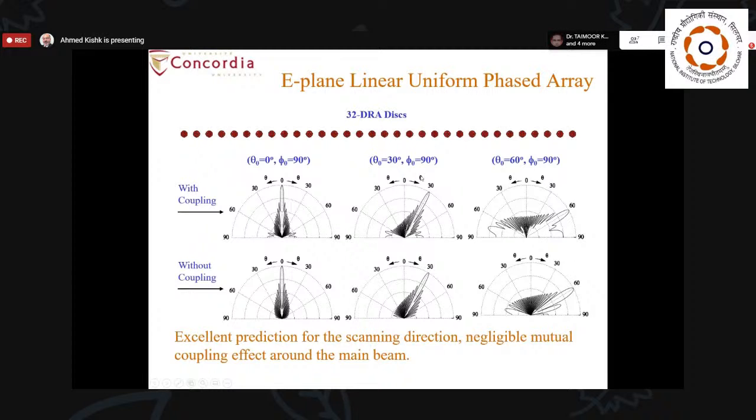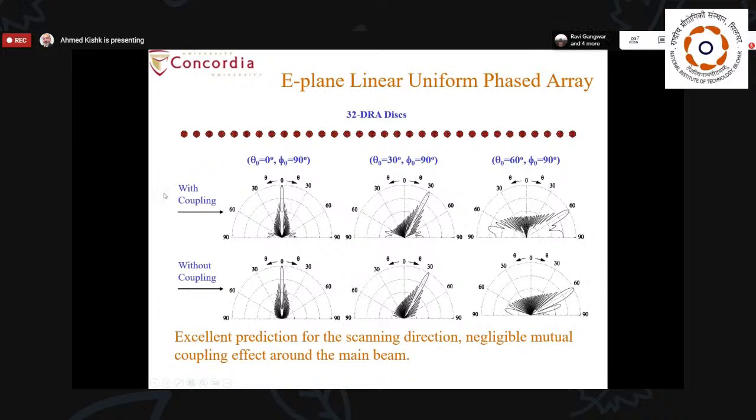You can get this type of radiation pattern for broadside radiation or radiation scanned at 30 degrees or at 60 degrees. You can see here the side lobes and the behavior around the main beam. The main point here is that when I phase the array to give me 30 degrees, I'm getting exactly 30 degrees. 60 degrees, I'm getting exactly 60 degrees.